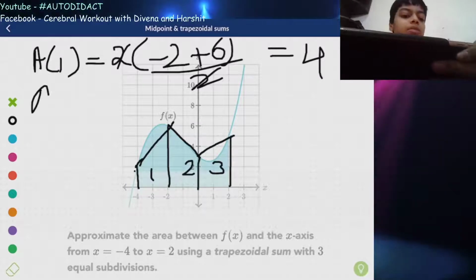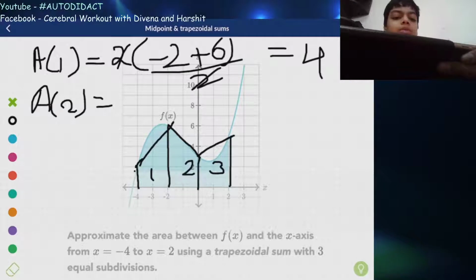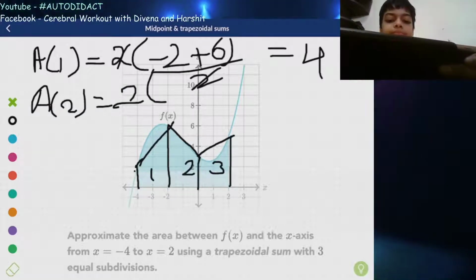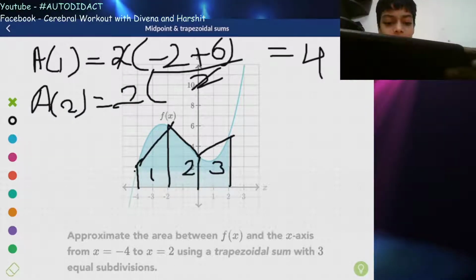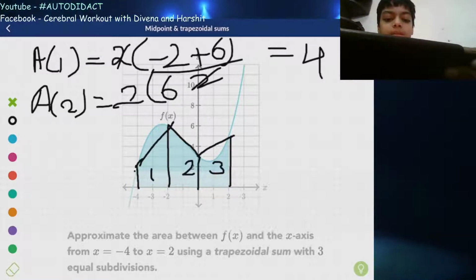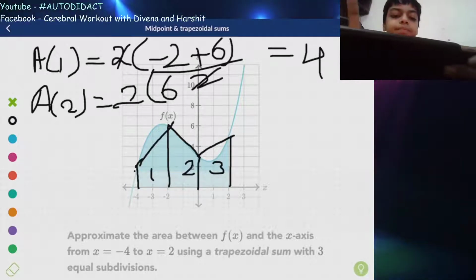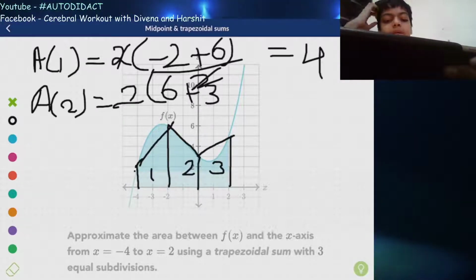Let's find the area of the second trapezoid. It is equal to 2 times f of -2, as we saw in the previous case. It is equal to 6 plus f of 0, which is equal to 3 plus 3.